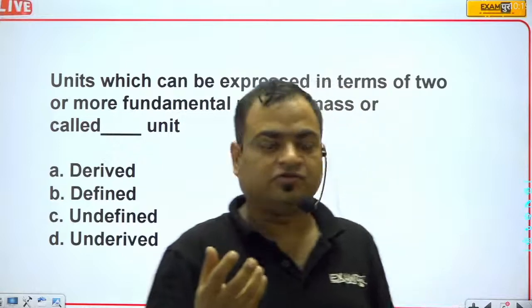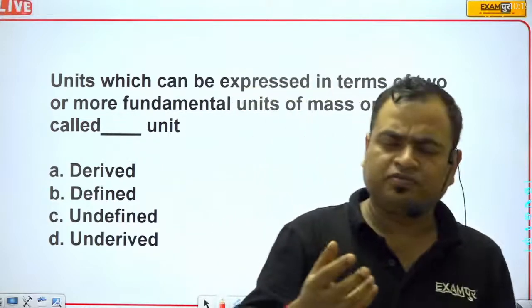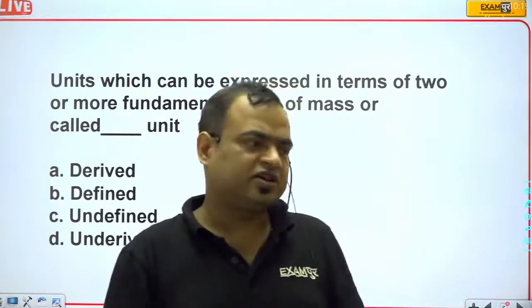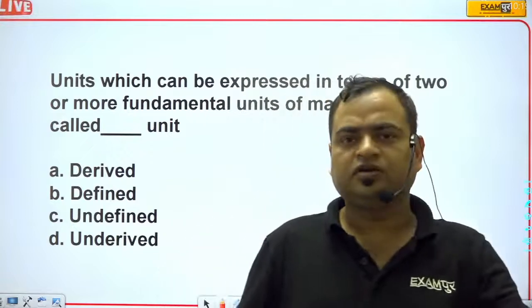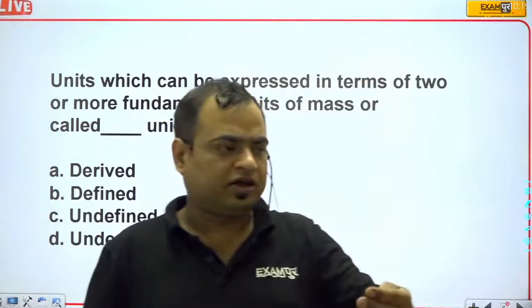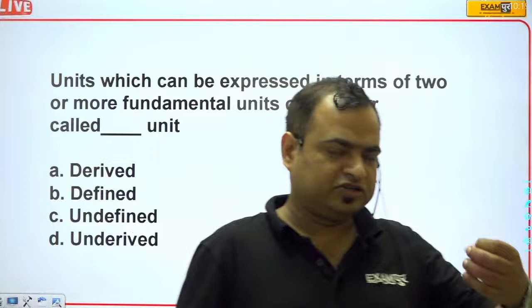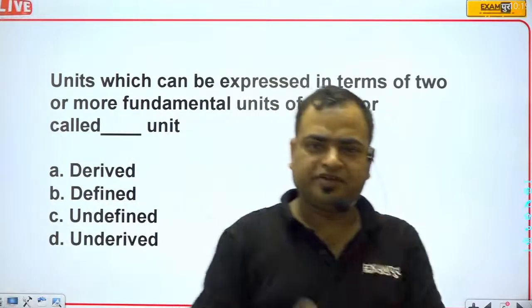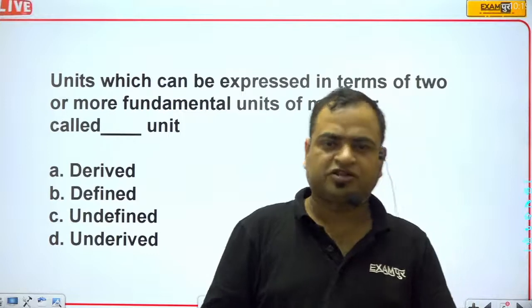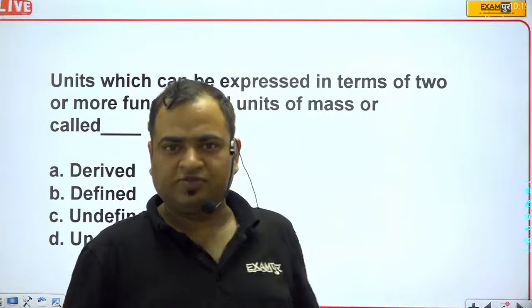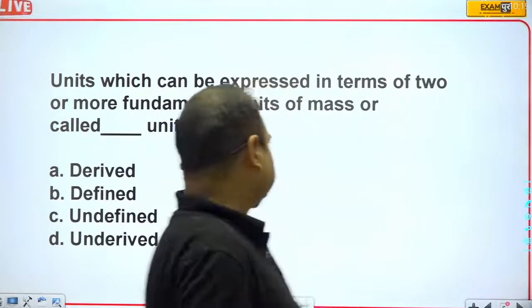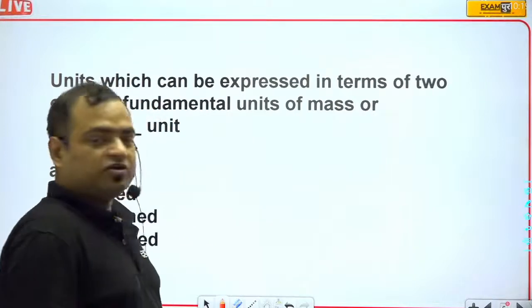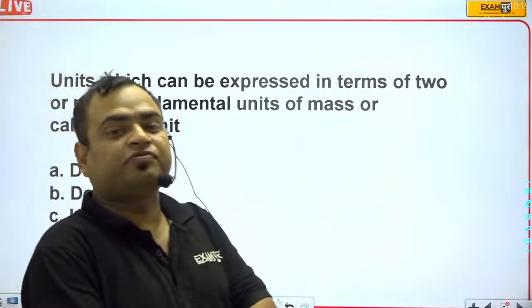A laddu is made up of many things, just like grain flour, oil, sugar and water. When all these things are mixed in a fixed proportion, then obviously the laddu comes into existence. Obviously, then we may say that the laddu is derived from these quantities.